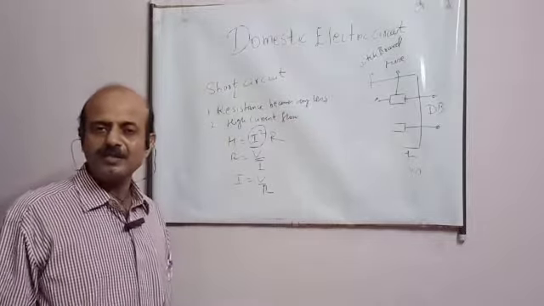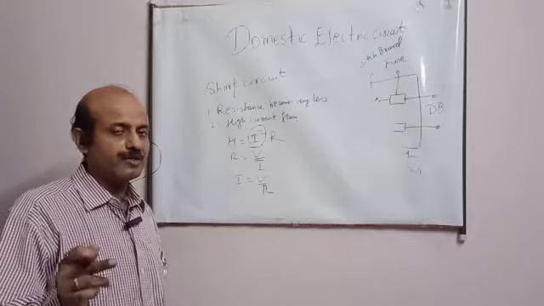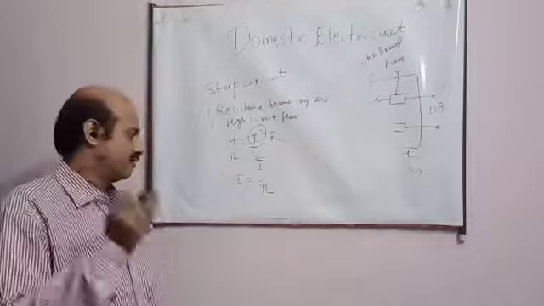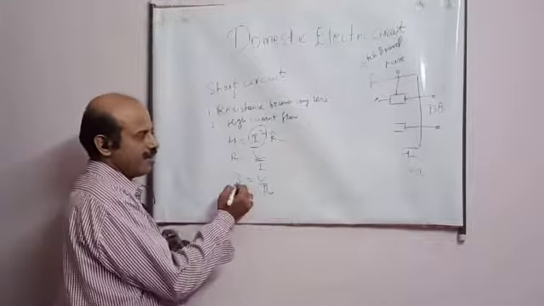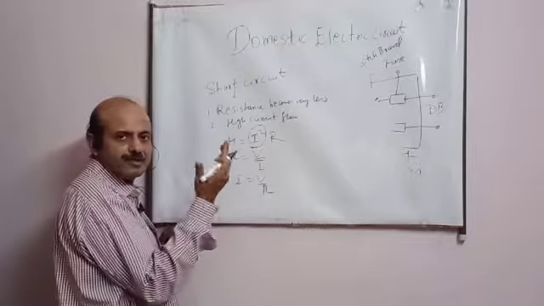Remember, student, when resistance is high, it will decrease the current. But when the resistance is less, it will increase the current, so the heating effect will be very high, student. And it may cause fire, student.